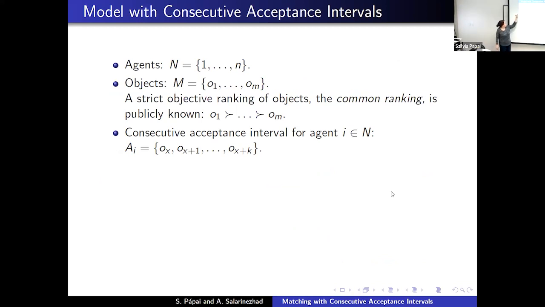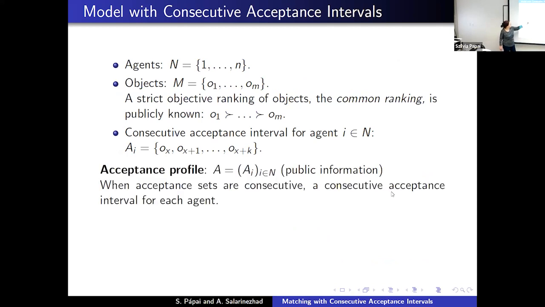Okay, so the model: we have a set of agents, we have a set of objects, and the objects have a common ranking. And then if we have a consecutive acceptance interval for an agent, it will be consecutive according to the common ranking. So we can talk about an acceptance profile, and this is what we assume is public information. When acceptance sets are consecutive, then it is an interval profile.